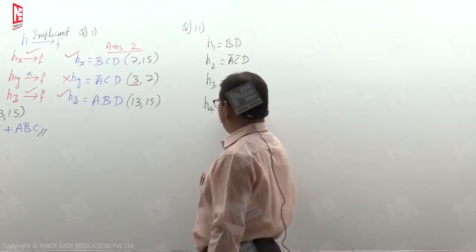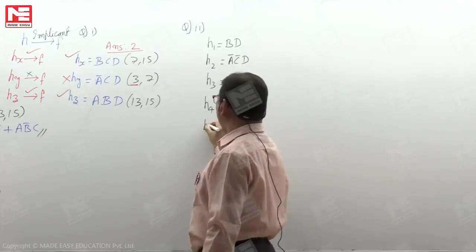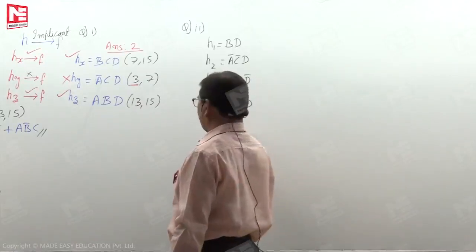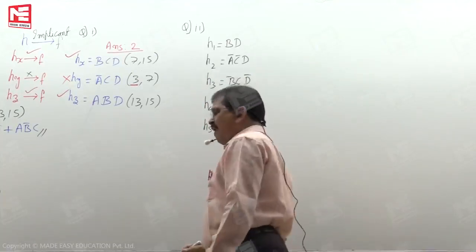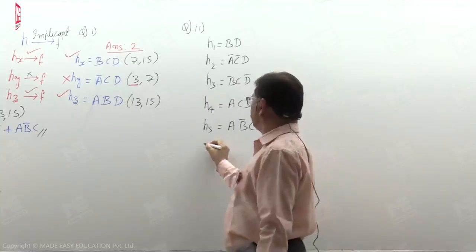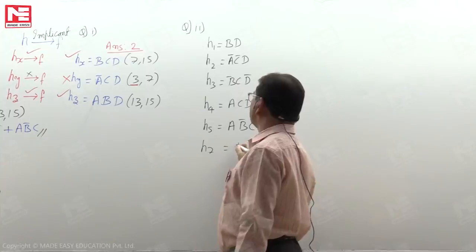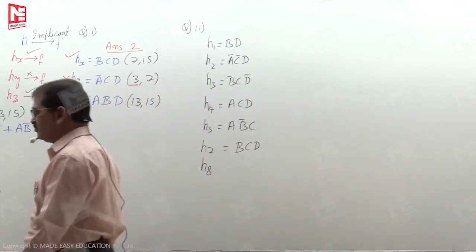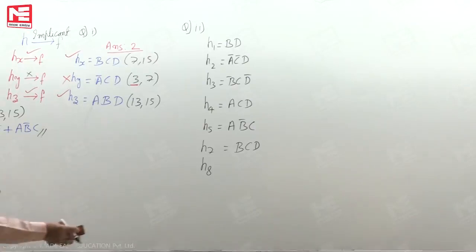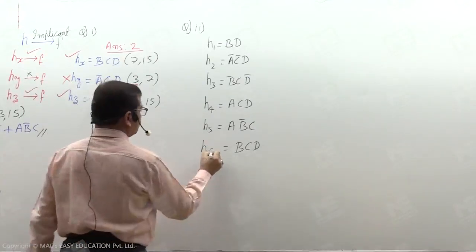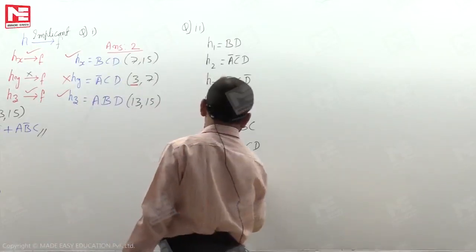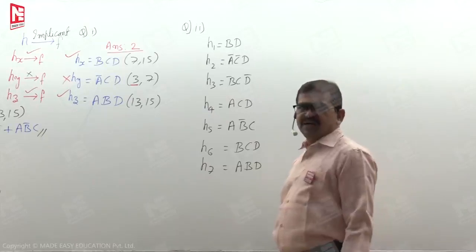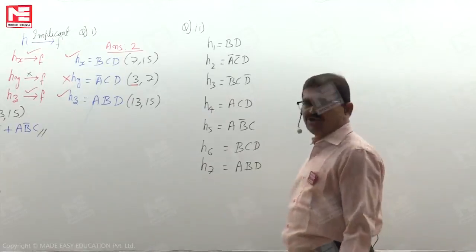So H1, H2, H3. The question is, for the given function f of ABCD, the function is the same as earlier, with the minterms of 1, 2, 5, 7, 10, 11, 13, 15.